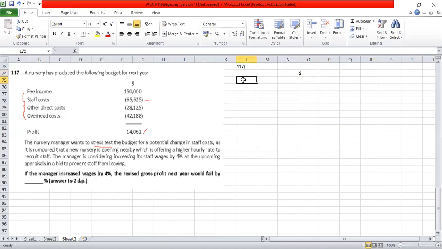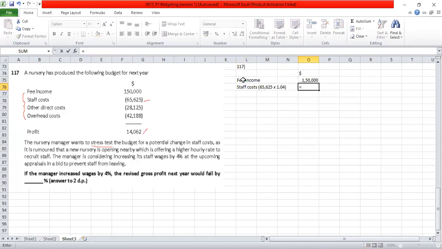No other change is mentioned. The revenue is the same. Fee income 150,000. Then staff costs are anticipated to increase by 4%, so 1.04. We see it is 65,625 into 104%, which is 1.04.